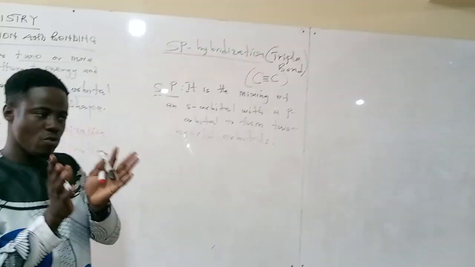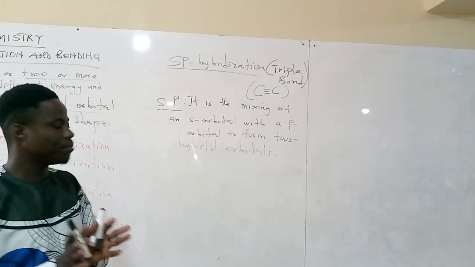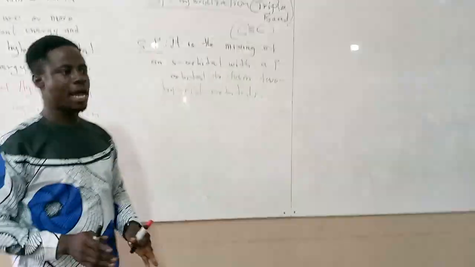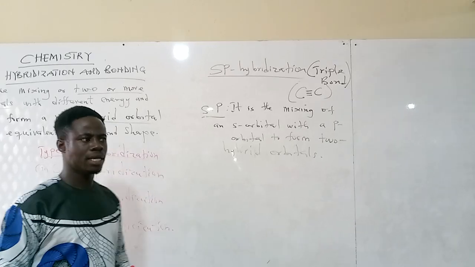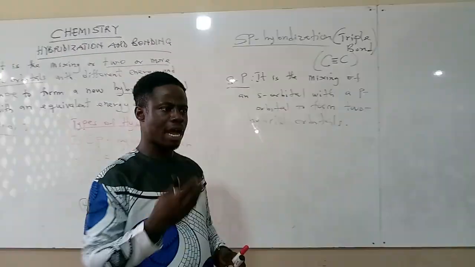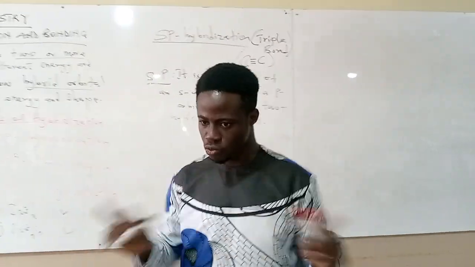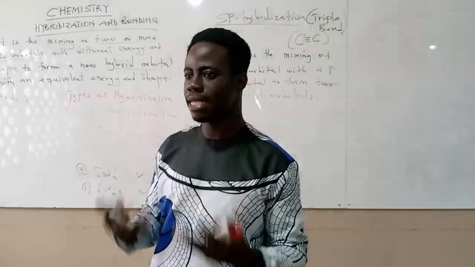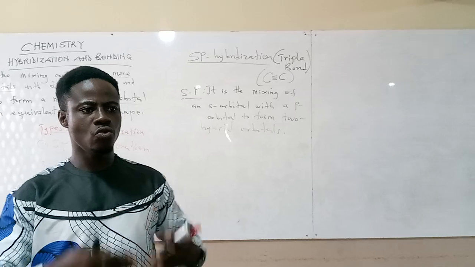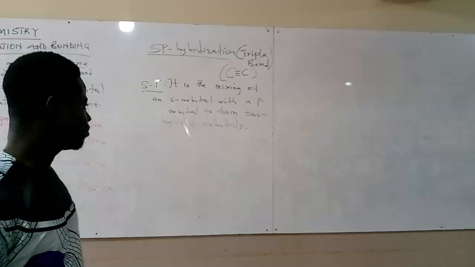And anytime you mix an s orbital with a p orbital, two hybrid orbitals are formed. So the question is, how many hybrid orbitals are formed under sp hybridization? The answer is 2.